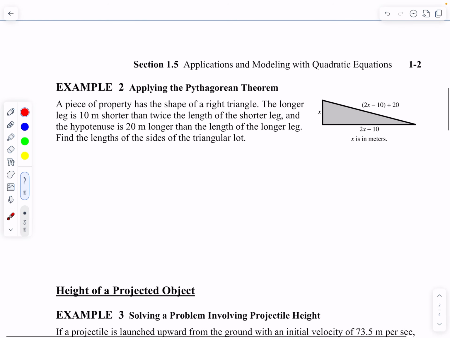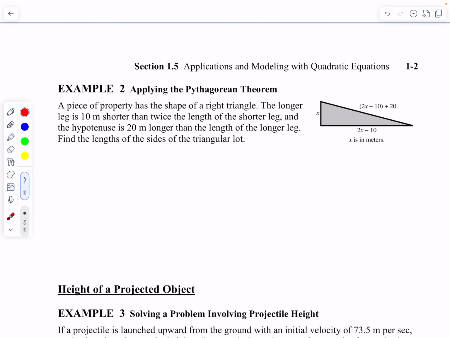Okay, so now we have a piece of property that has a shape of a right triangle. So if I did not already have it drawn, I would draw a right triangle. The longer leg, and remember when we talk legs, this is a leg and that's a leg. So the longer leg, so that's this one, is 10 meters shorter than twice the length of the shorter leg.